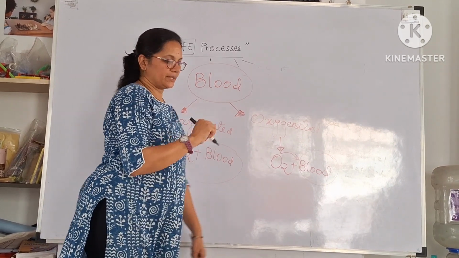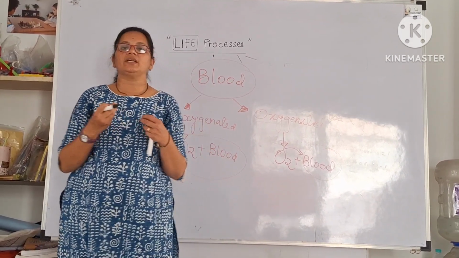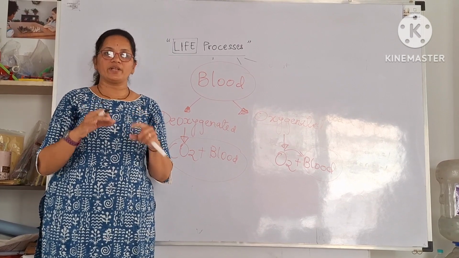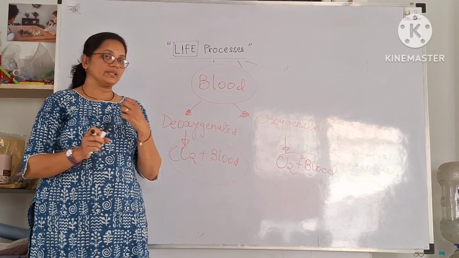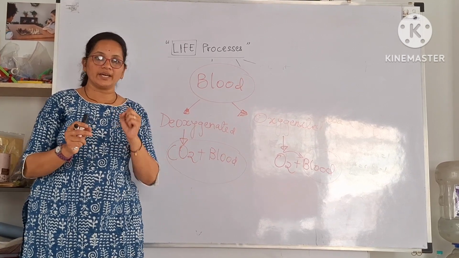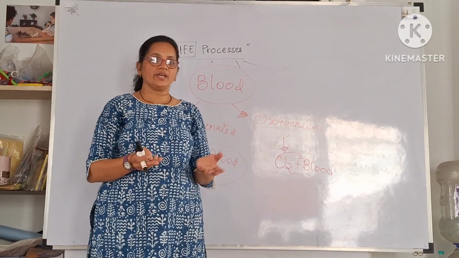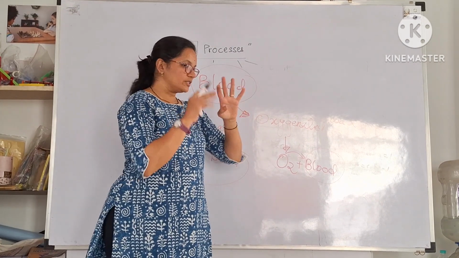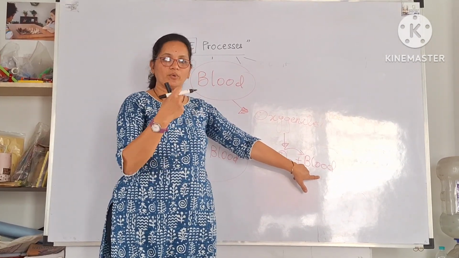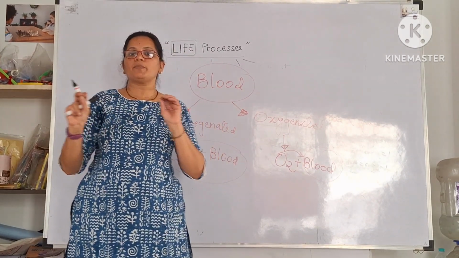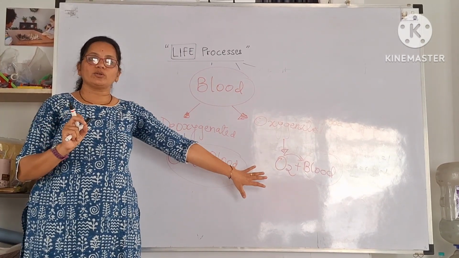Every time we breathe in we take in oxygen, and when we breathe out we give out carbon dioxide. Every time, the cells need oxygen. So when we breathe in, we take up oxygen and it is mixed with blood circulating in my body and provided to each part of the cell which is deprived of that oxygen.